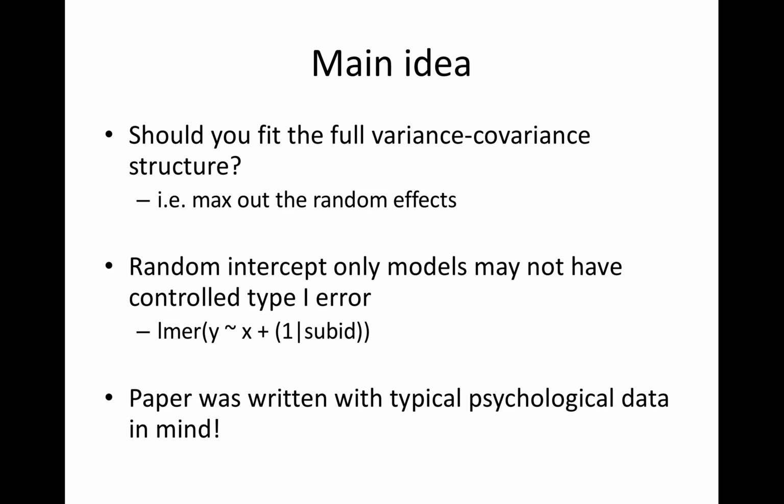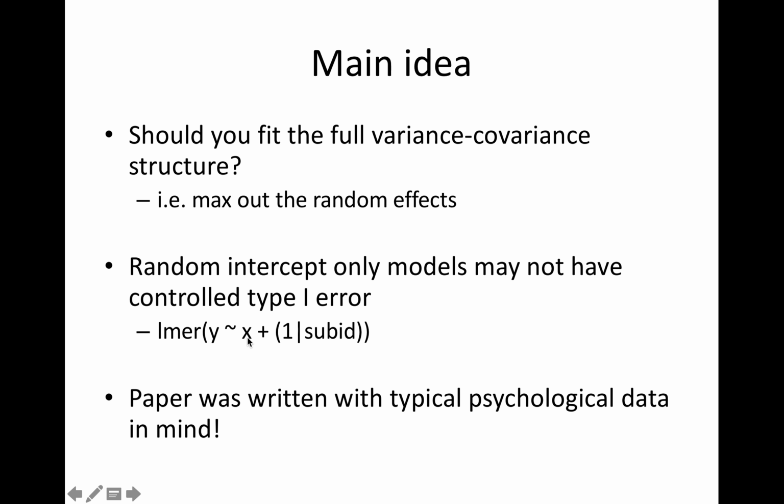So the idea is, should you fit the full variance-covariance structure, basically max out the random effects? The basic idea is that all of the within-subject variables, if subject is your repeated measure, get included as random effects. I often feel like I'm restricted to only having a random intercept, which looks like this.